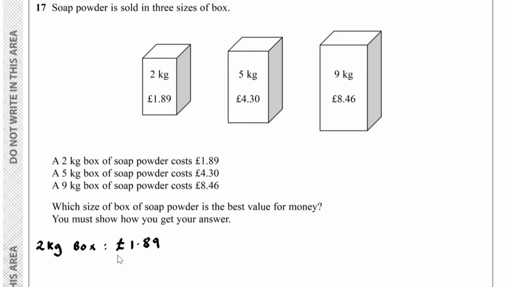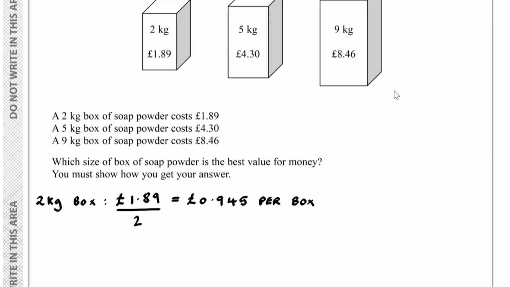1.89 divided by 2, we get 0.945 per kilogram, rather 0.949 per kilogram.